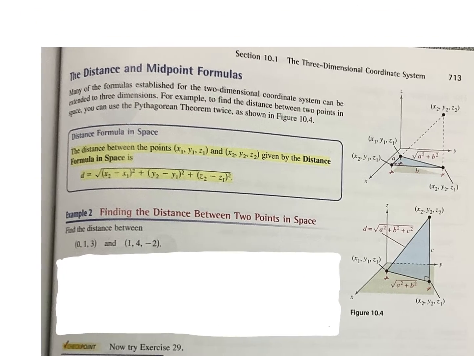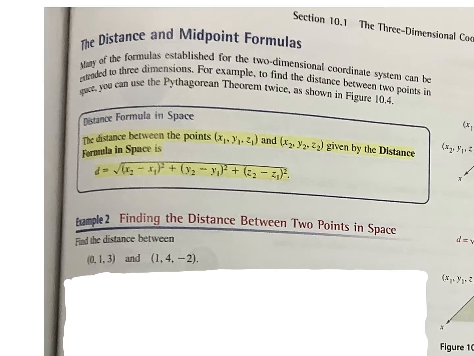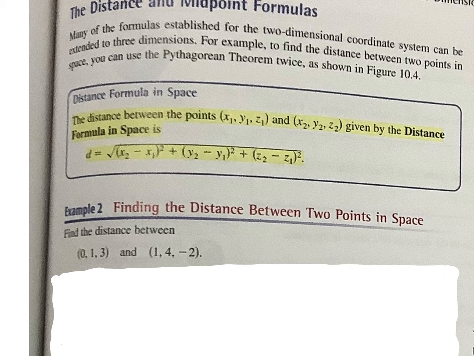So we're going to use the distance and midpoint formula. We're not talking about circles here. We're talking about a sphere. So think about a globe or a basketball. Is this familiar to anybody? It's the same distance formula you have used before, right? But now we're just adding one more parenthesis.